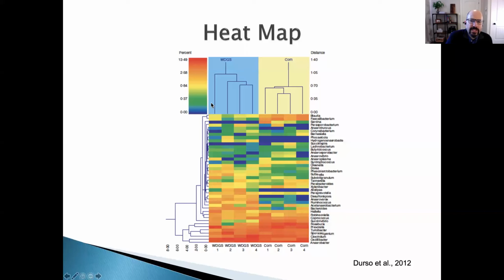In this example we have two different groups of cows, 4 animals and 4 animals. One group is getting a diet with byproducts of the industry, and this one is getting corn. And you can see that all the cows eating corn have basically 0 of this bacteria. So the abundance was 0, and 0 of this other one.